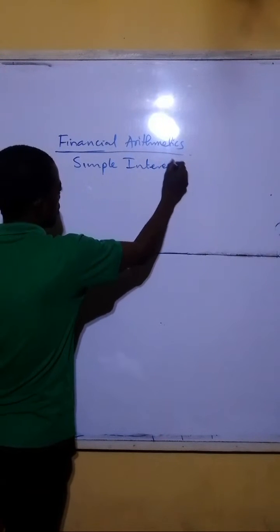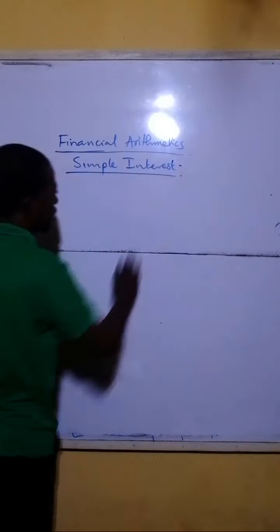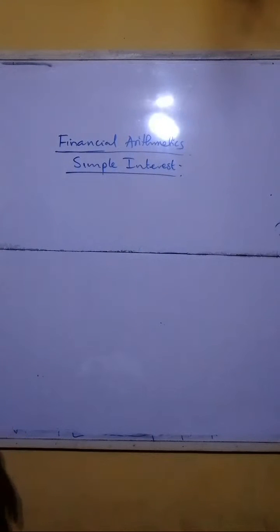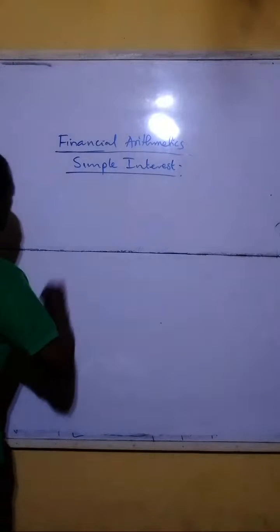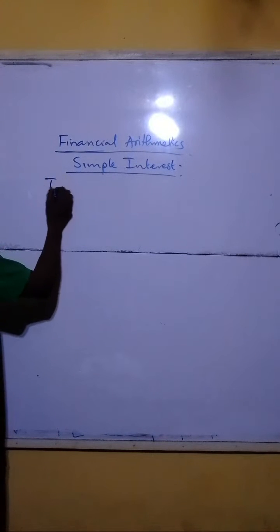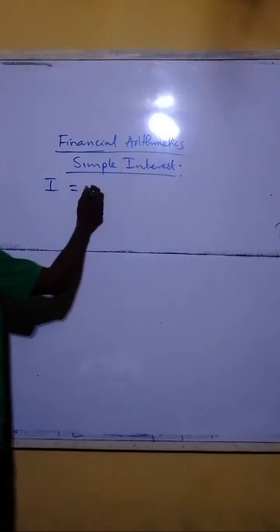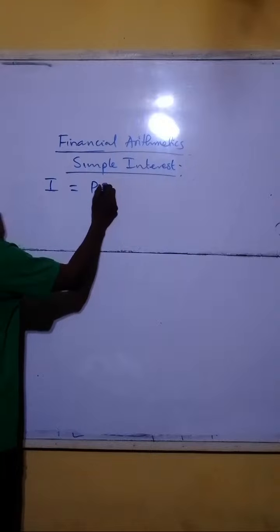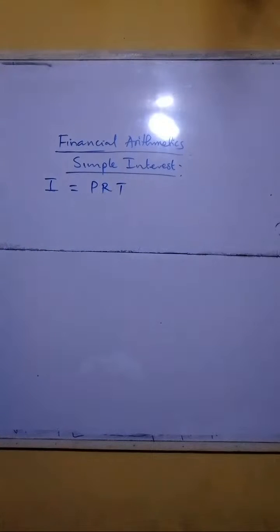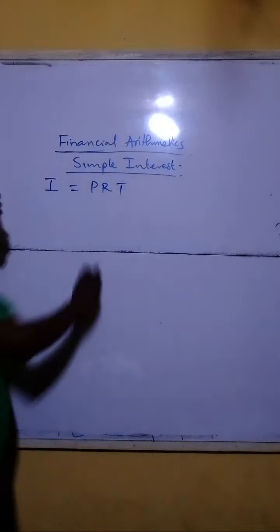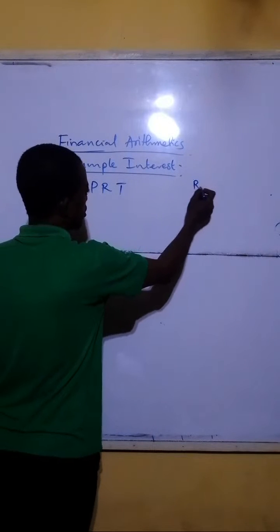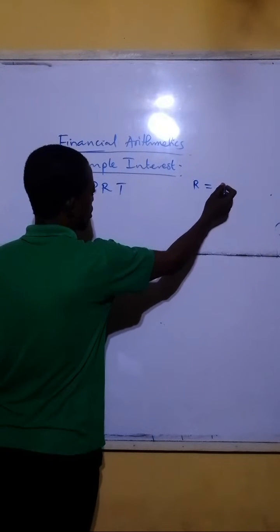So this interest is always paid yearly on the principal. That is, when we have the interest as a formula, which is I here serving as the interest, equals PRT. Then we don't need to put over 100 because the rate R is always in percentage.